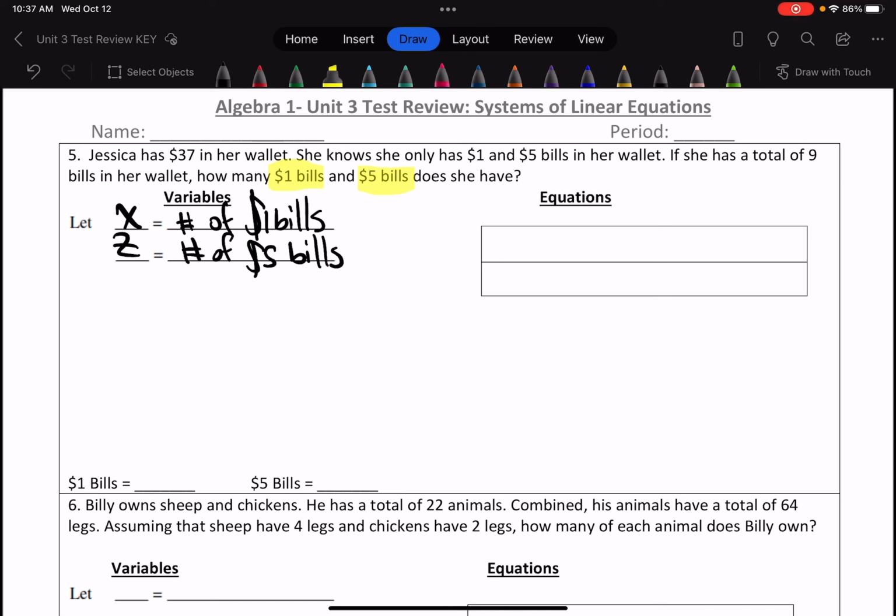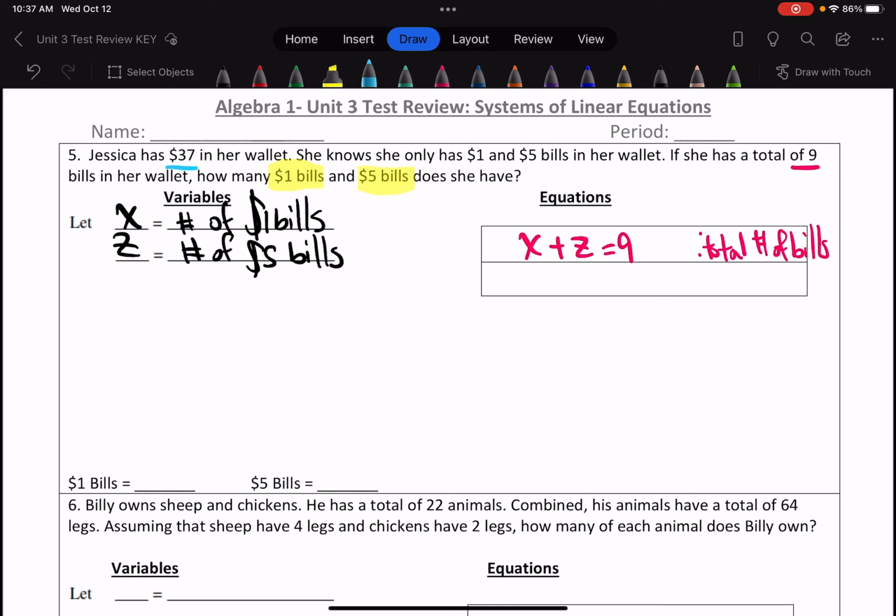Now, I've got two things going on here. I know, first, she has a total of 9 bills in her wallet. So I could say X plus Z is equal to 9. This equation represents the total number of bills. Then, if I look for what else is given to me, I know she has $37 in her wallet.